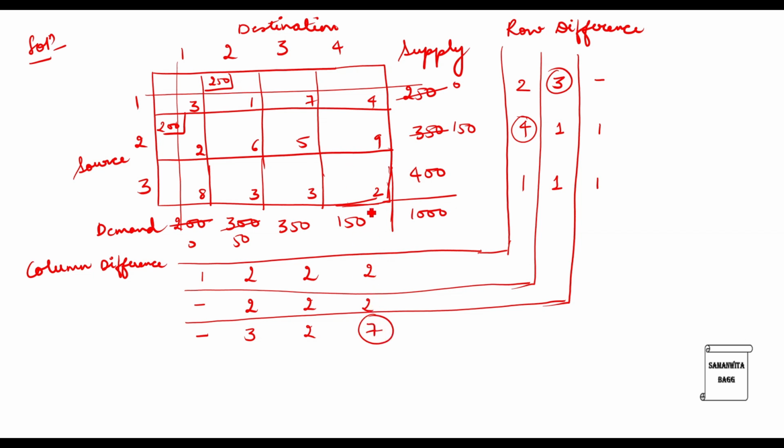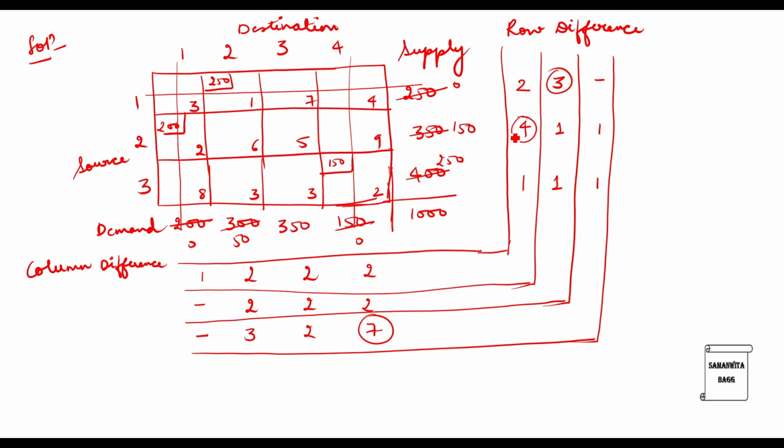Now it is in the difference of column. So I will talk about this column. Amongst these two, minimum value is 2. Its corresponding supply is 400, demand is 150. The minimum between these two is 150. So this becomes 0, this becomes 250. Now since this is 0, the column gets cancelled. Now this allocation is also done.